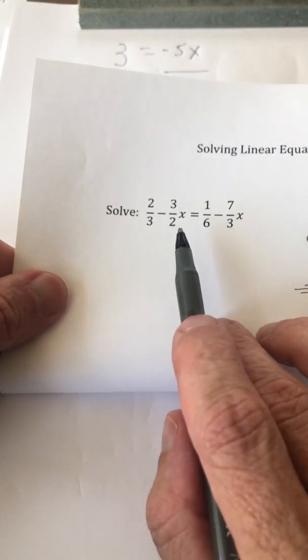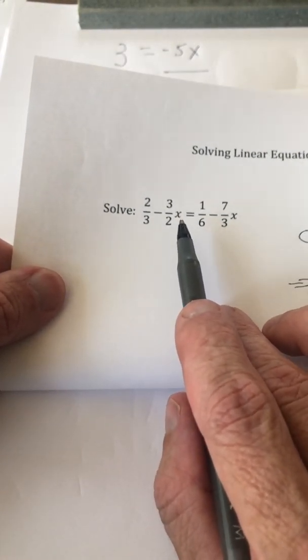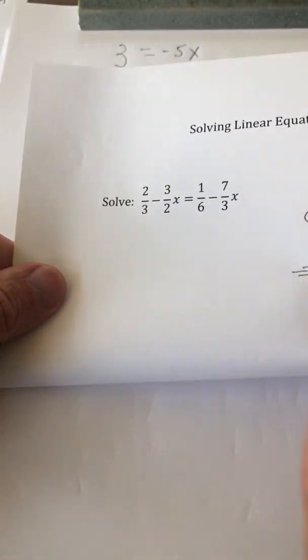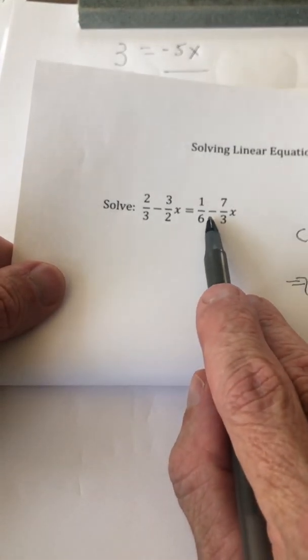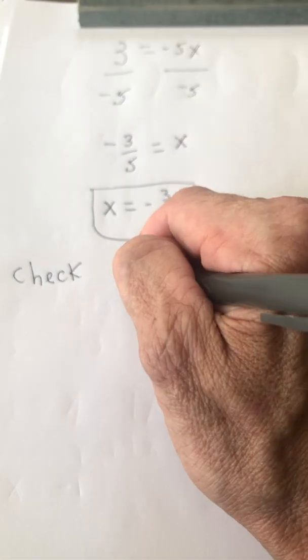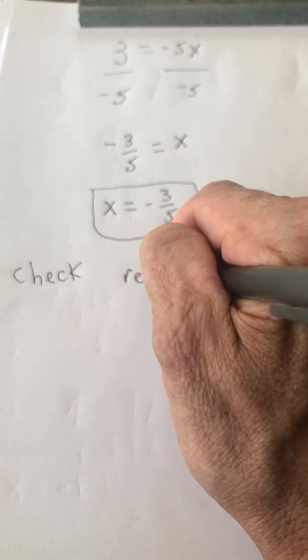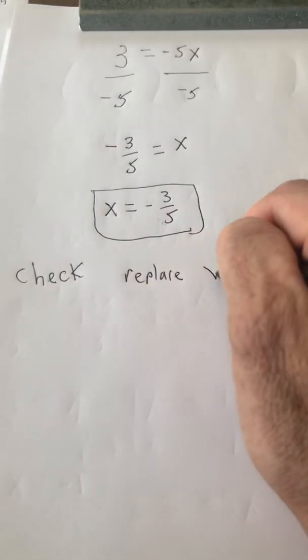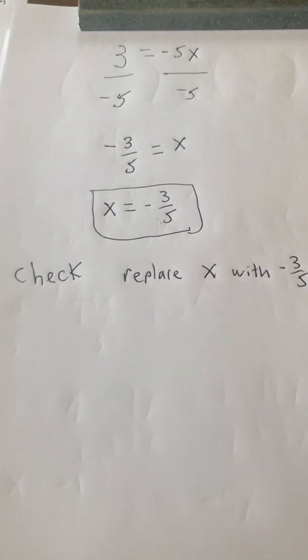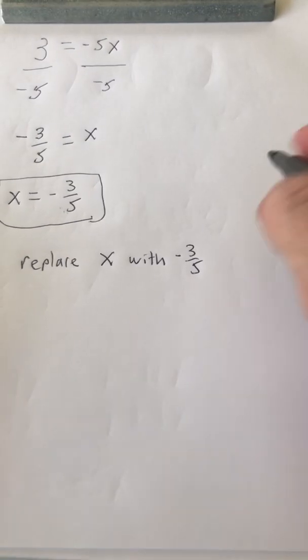Okay, so if I replace x with negative 3/5 and get a true statement, then we know for sure that we are correct. So we will replace x with negative 3/5 in the original equation.